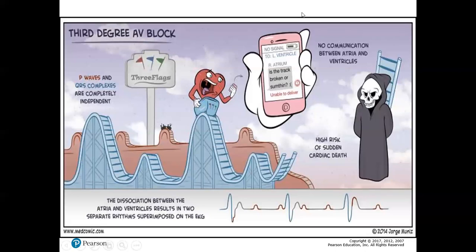Okay, so we're going to stop there, and tomorrow we will review again. What I'd like you to do for your assignment is come up with your own little poem for remembering the AV blocks. It could be whatever you come up with that will help you remember, okay? Submit a picture of your assignment when done, and also draw out an example of the strips: an example of your first degree, second degree, and third degree.